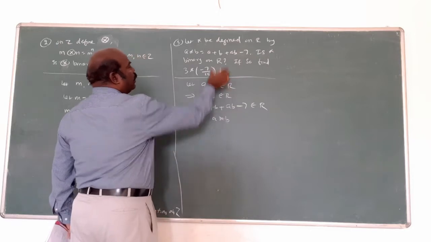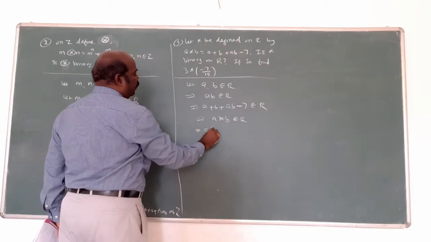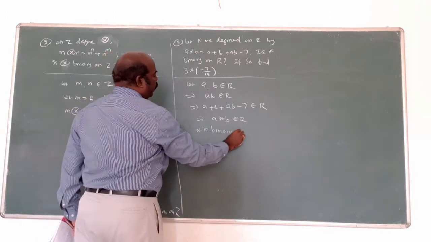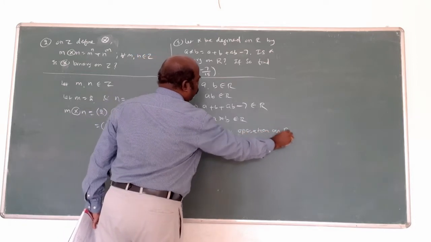How do you know? A star B belongs to R. Therefore, star is a binary operation on R. That's all.